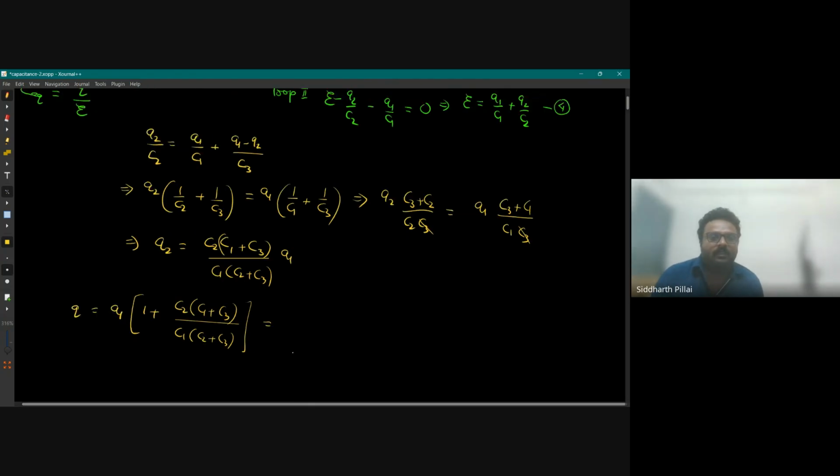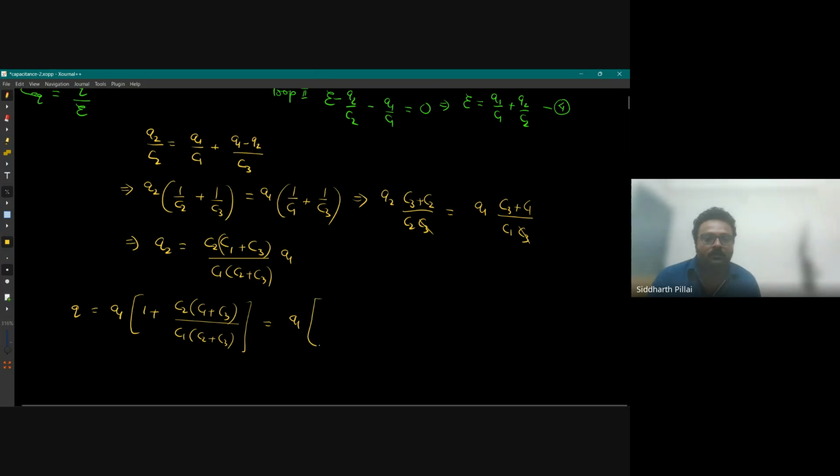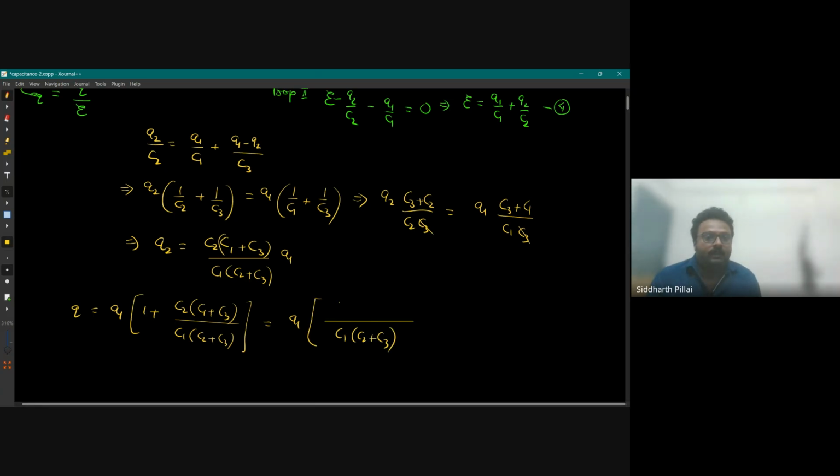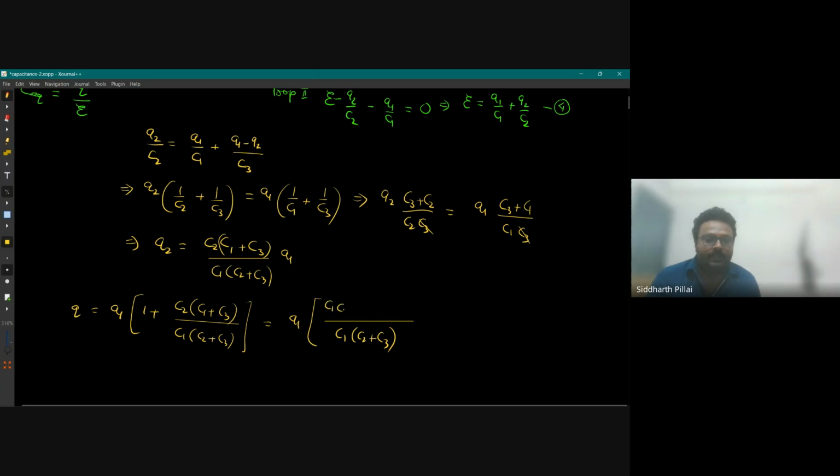So what will I get? Q1 into, the denominator is C1 into (C2 plus C3). And let's just expand everything. I'll get C1 C2 plus C1 C3 plus C1 C2 plus C2 C3. Correct?